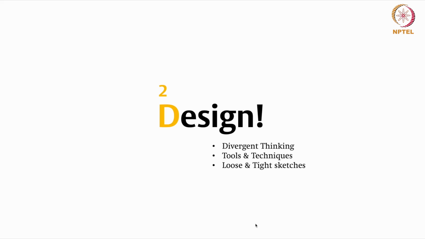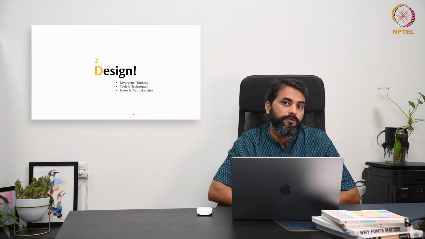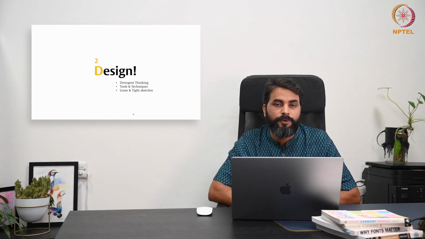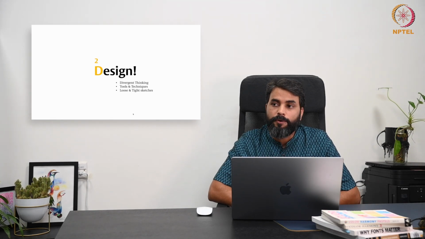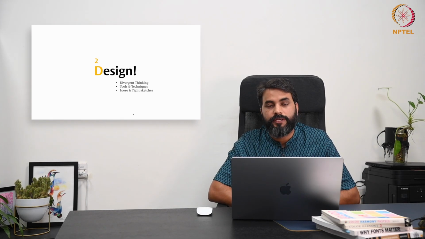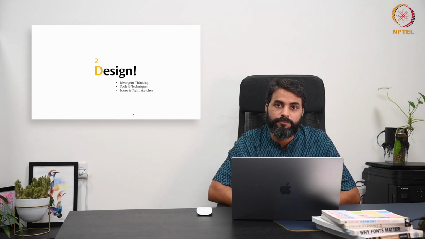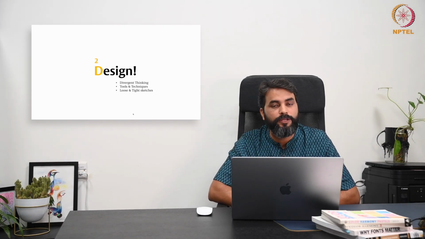So once you understand the tools and techniques, you start creating loose sketches and ideations. But those ideations are not focused on one path, but it is about creating ideas in multiple ways, right? So that it will be very exhaustive in terms of understanding or solving the design problem.